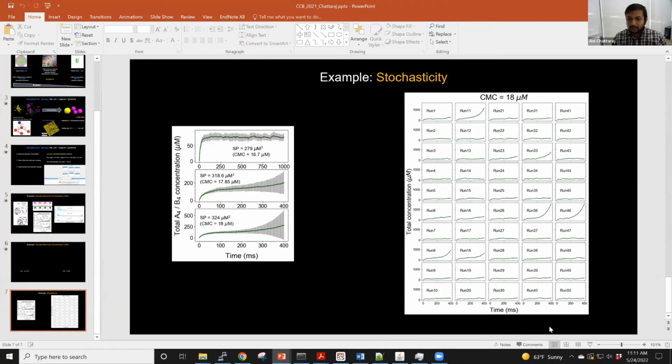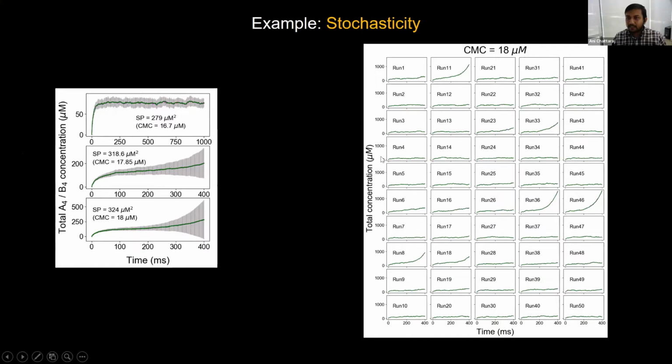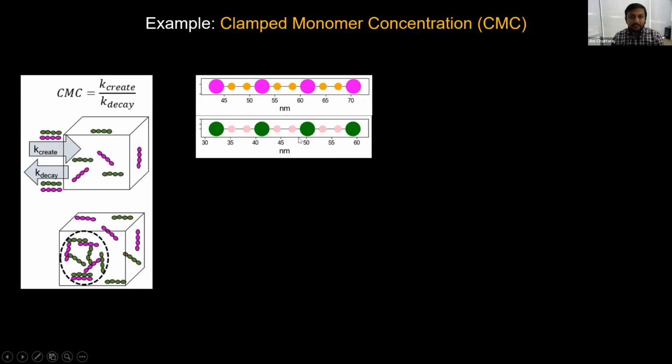Yeah, so this would be one example of that. Maybe I should explain: I have a pair of molecules, A4 and B4. One of the magenta sites can interact with one of the green sites. And here we have these two reaction rules.